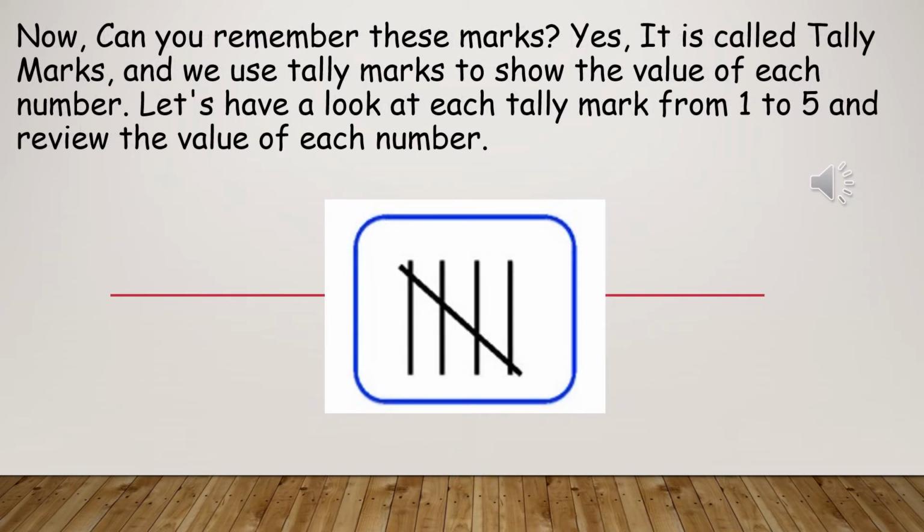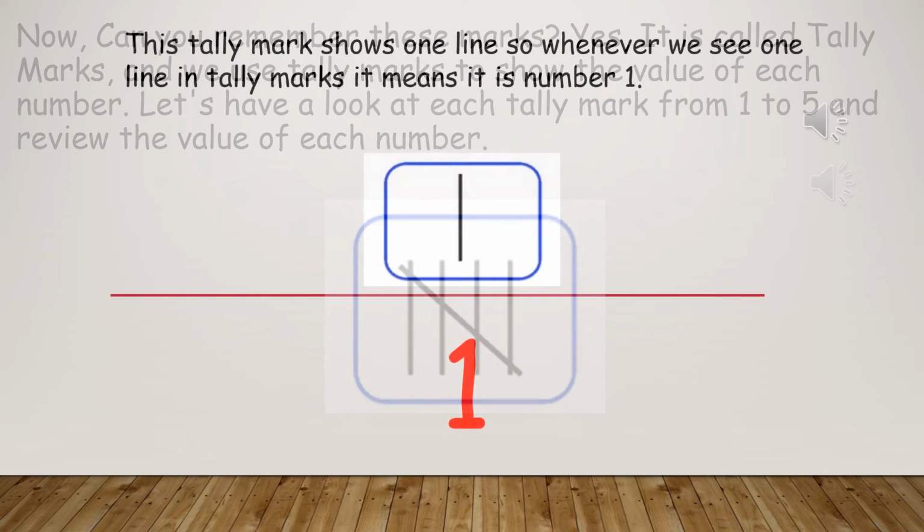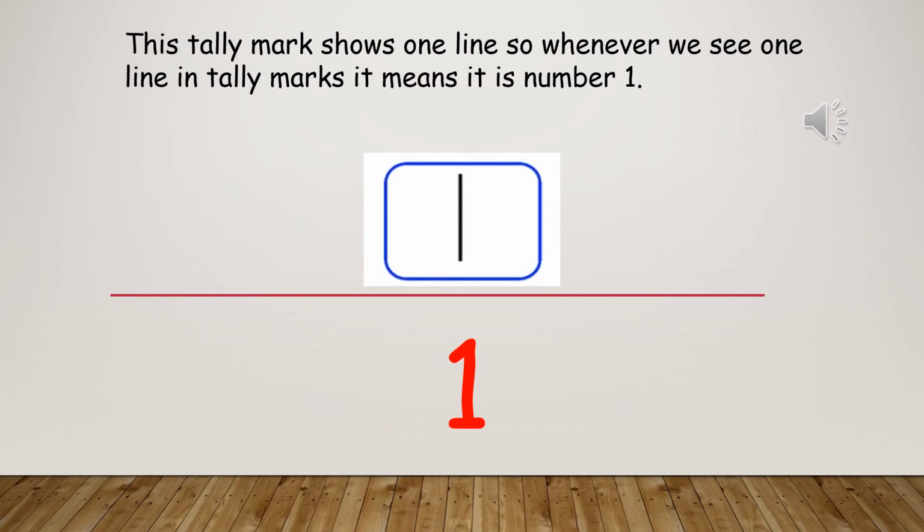Now, can you remember these marks? Yes, it is called telemarks and we use telemarks to show the value of each number. Let's have a look at each telemark from 1 to 5 and review the value of each number. This telemark shows one line.